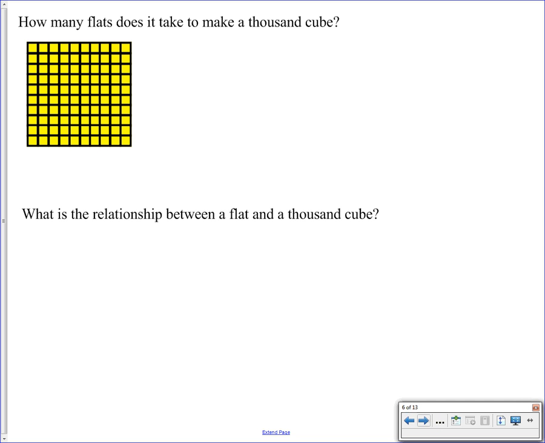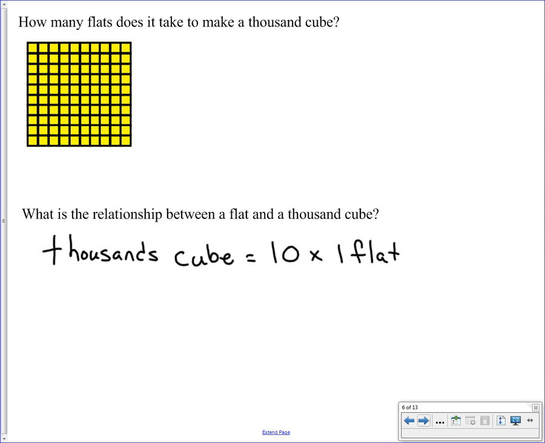And to answer our question here, a thousands cube equals 10 times 1 flat. So there's 10 flats in a thousands cube.